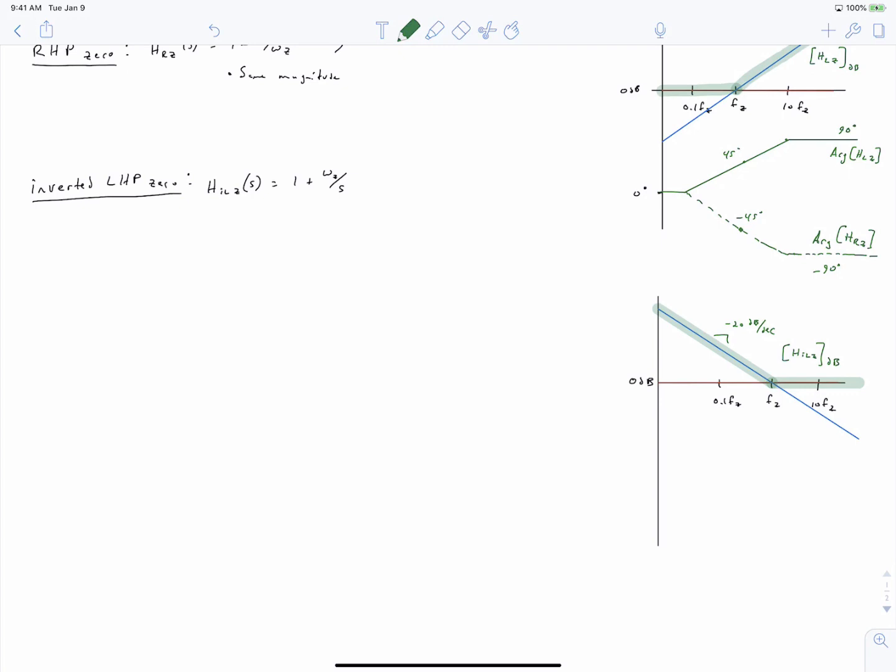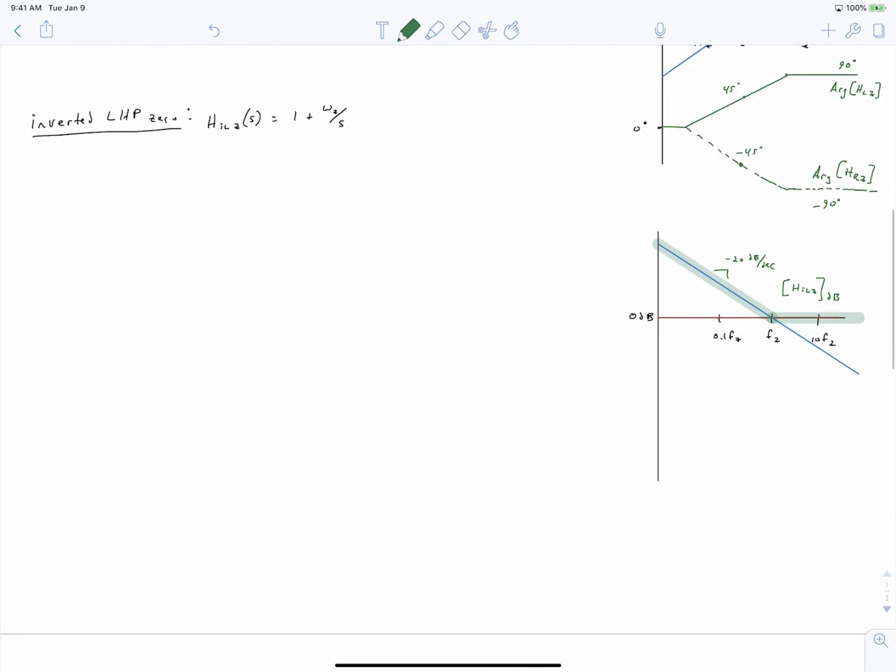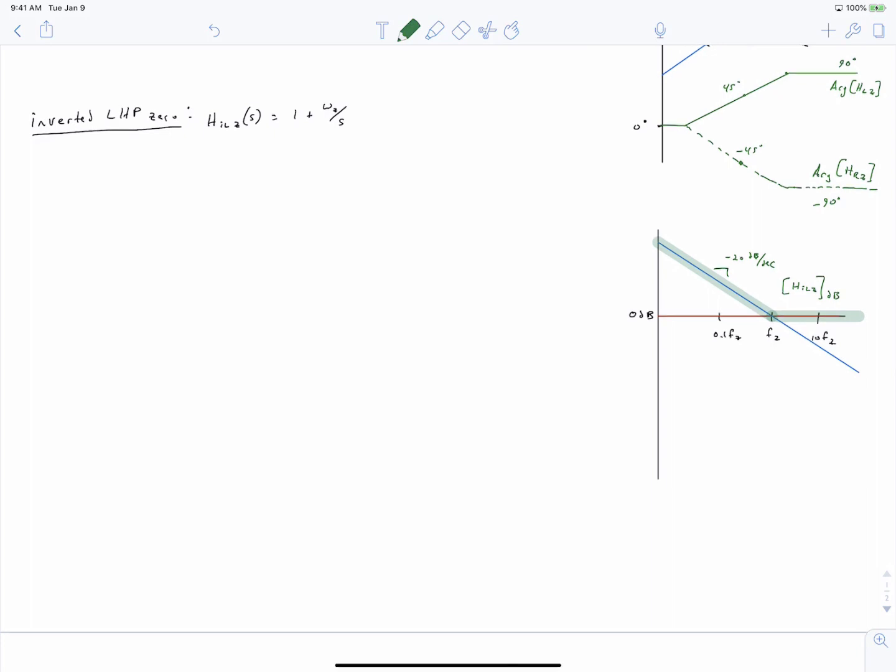So our decibel plot looks like that. Now our phase angle plot is going to start off at negative 90 degrees at the low frequency regime. And a decade below the inverted 0, we're going to start increasing, and we'll increase to 0 degrees over 2 decades, so that at the 0 frequency we will be at negative 45 degrees.